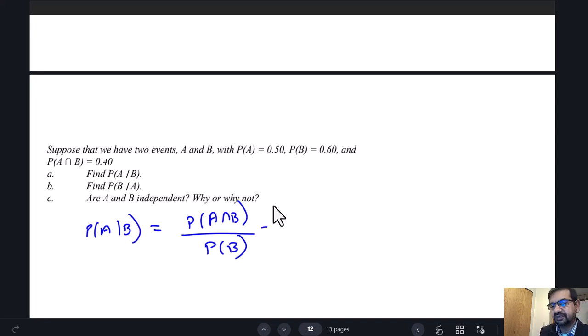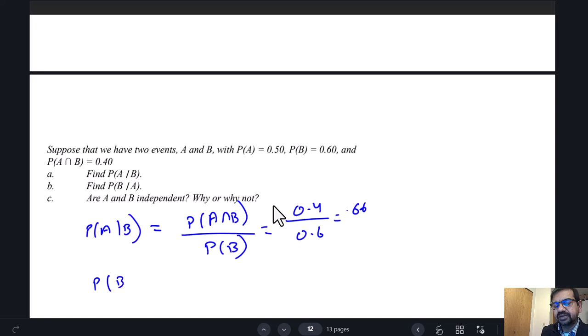B has happened first. So our A intersection B is 0.4 and probability of B is 0.6. So this is 2/3 or 0.66.